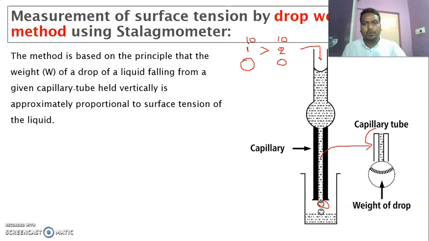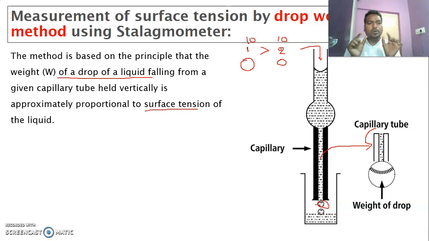That is, the weight of the drop of liquid falling from the capillary of this stalagmometer is directly proportional to the surface tension of the liquid. Do you understand? If you measure the weight of the drop, you can easily measure the surface tension of that liquid. For that we use a device called a stalagmometer. From this we continuously pass liquids and count the number of drops.